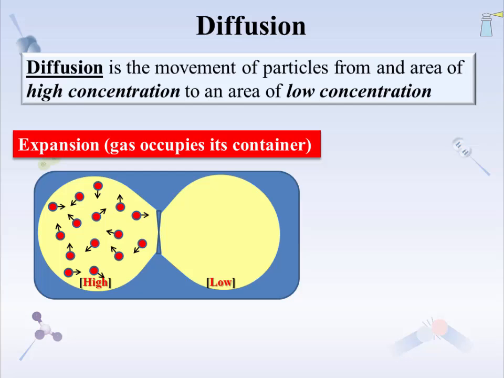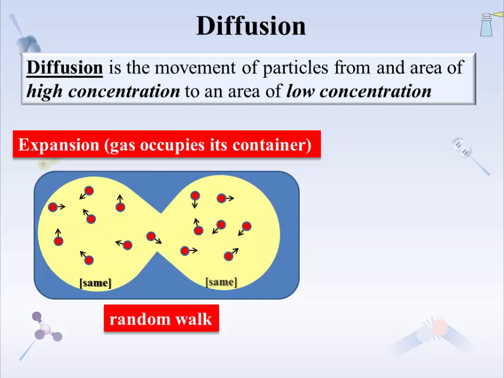The concentration of gas on the right is low. Diffusion is the movement from an area of high concentration to an area of low concentration. If the barrier were removed, the particles would randomly walk about, and after a period of time, they would eventually fill the 2 volumes. Random walking evens out the concentration.